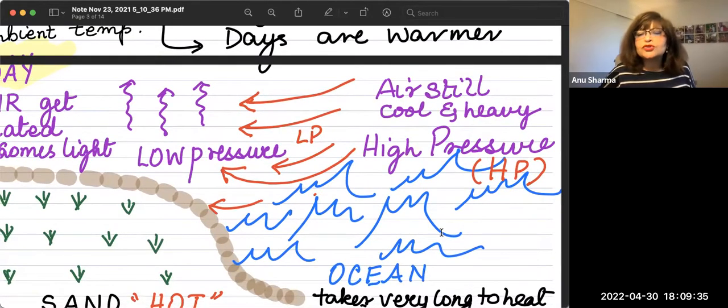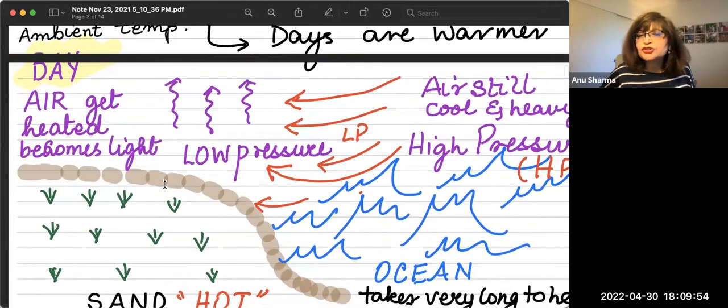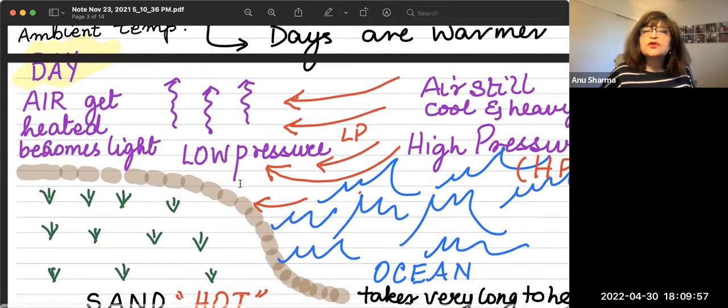Why? Because the ocean is very slowly absorbing heat. So the water is still very cold, and the air above the water is cooler. And cool air is heavy. So heavy and cool air causes a high pressure on the ocean. Now this cool air from the ocean begins to blow towards the land where there is low pressure. So, high pressure to low pressure.